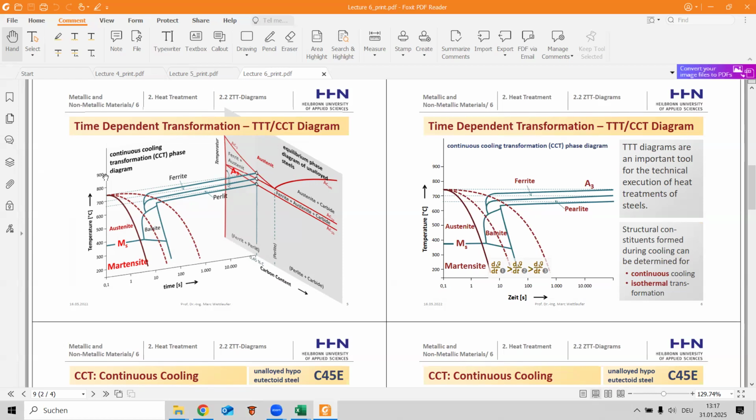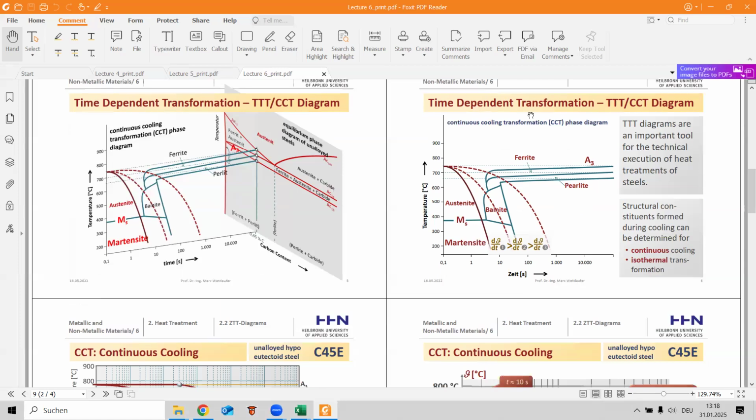So in continuous cooling transformation, there are phases like ferrite, pearlite, austenite, martensite, bainite. In equilibrium phase diagram of unalloyed steel, there are phases austenite, ferrite plus austenite, ferrite plus pearlite, pearlite plus carbide, ferrite, austenite and carbide, austenite and carbide.